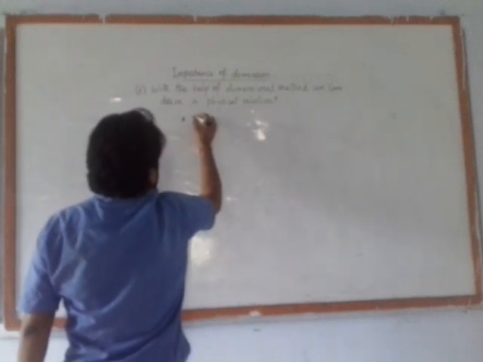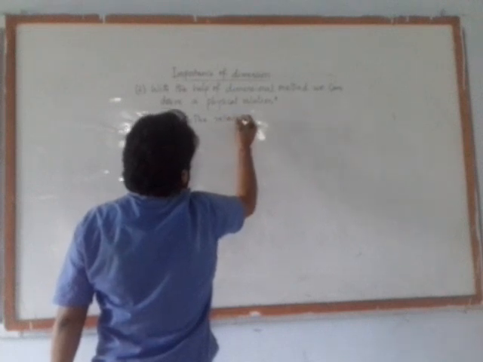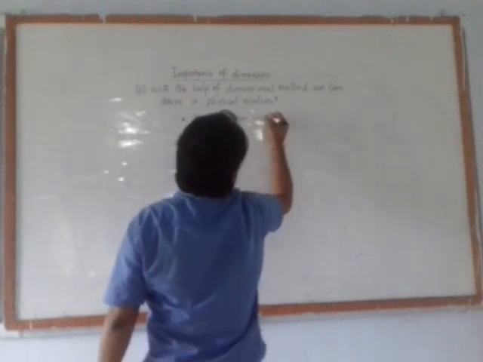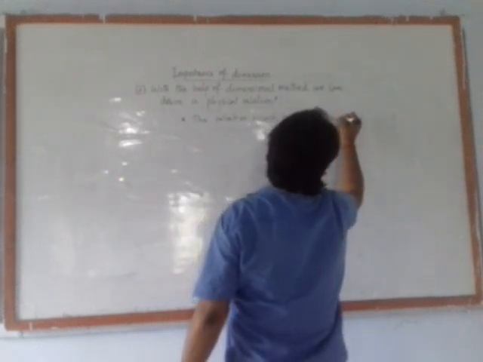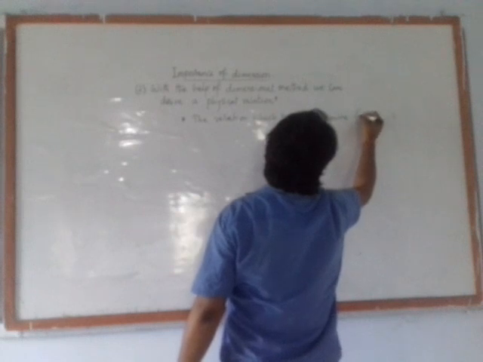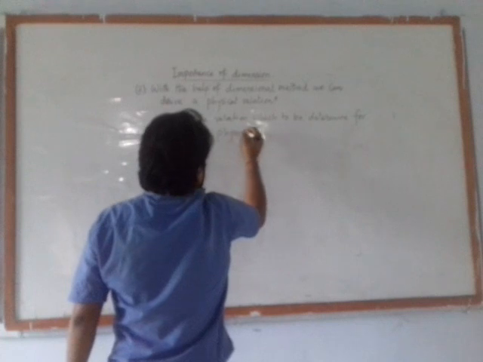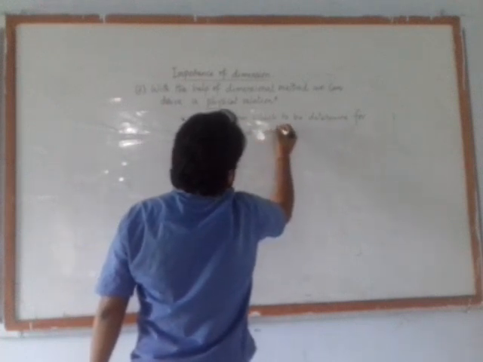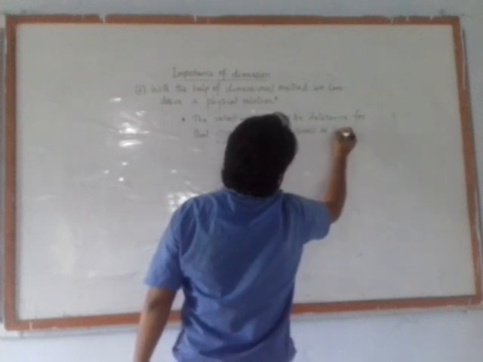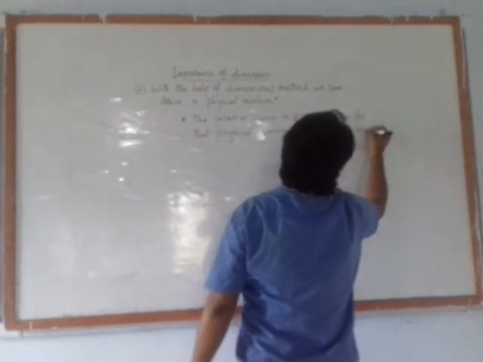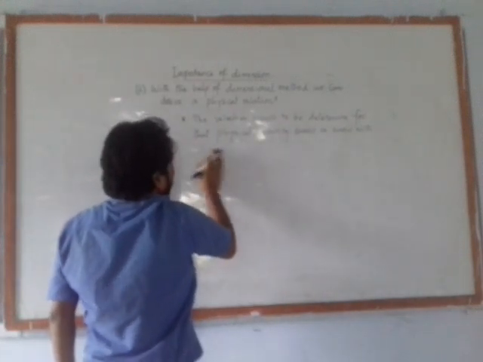A star means the relation which is to be determined for that physical quantity should be known with minimum dependence.